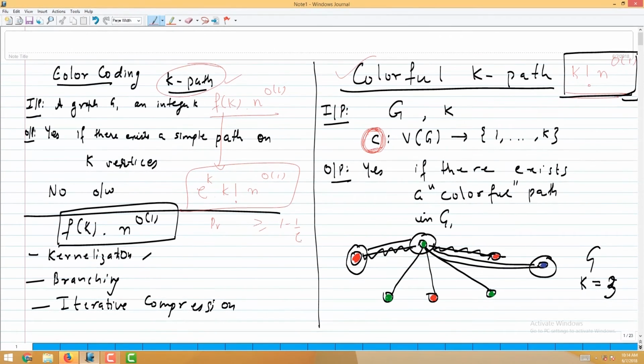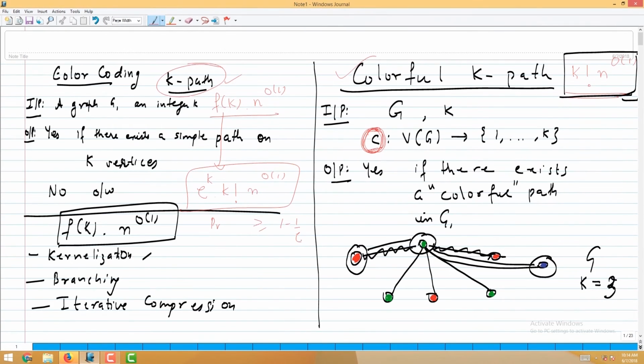In the general setting, what is this color coding technique? Suppose you want to find some sort of structure in the graph. Like here we wanted to find a k-path. Suppose you wanted to find a k-cycle in the graph, or a particular tree on k vertices. So some k-size structure is what you want to find.